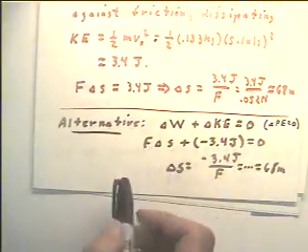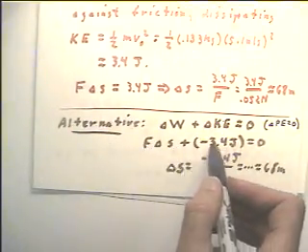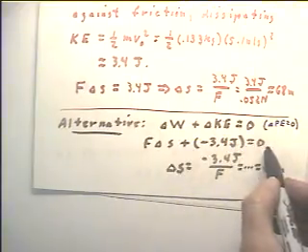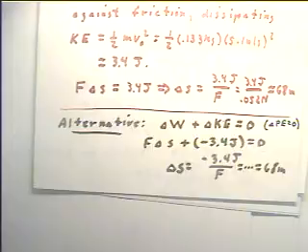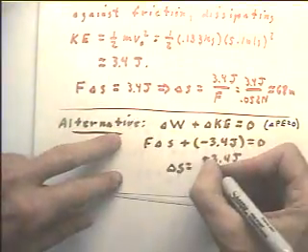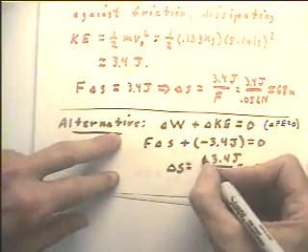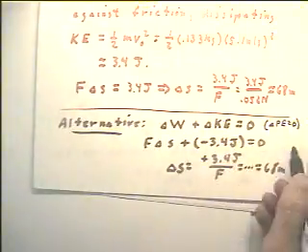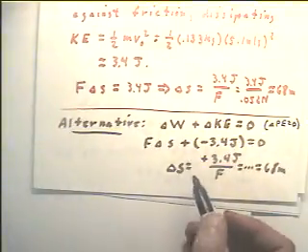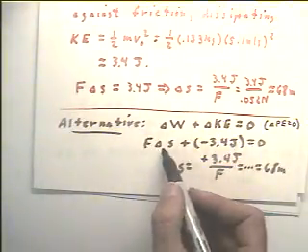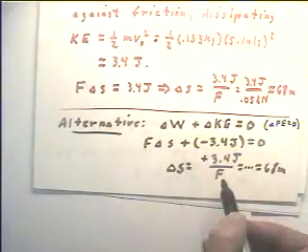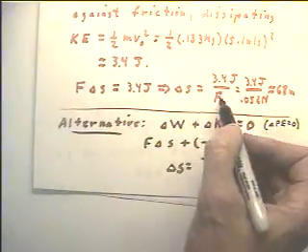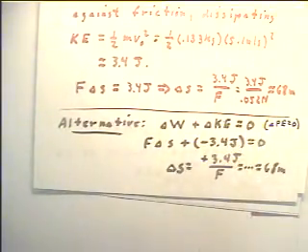The F delta S, then, plus a negative 3.4 joules has to equal 0. If we add the 3.4 joules to both sides, it becomes positive when it goes over here. Solving for delta S, we add the 3.4 joules to both sides, divide by F, and we have the same calculation we did up here, and again we get our 68 meters.